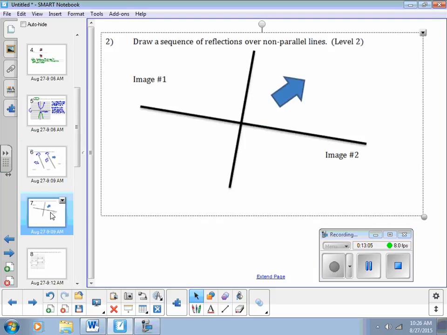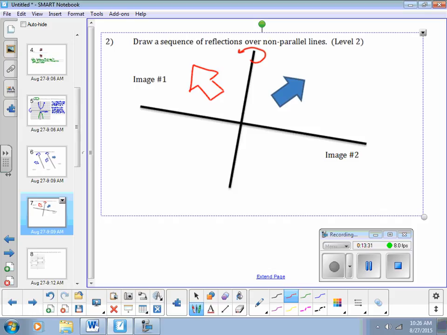It says draw a sequence of reflections over non-parallel lines. Here's now if you already did your drawings, that's fine. Technically, they wanted you to do this reflection over here first. And that would cause you to make the drawing look somewhat like this.